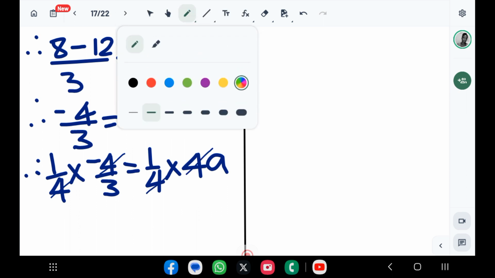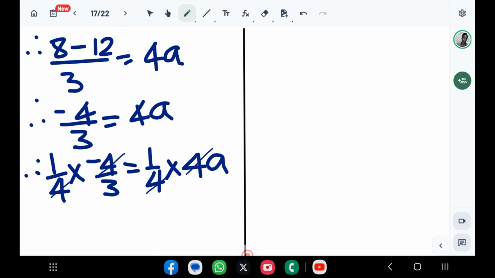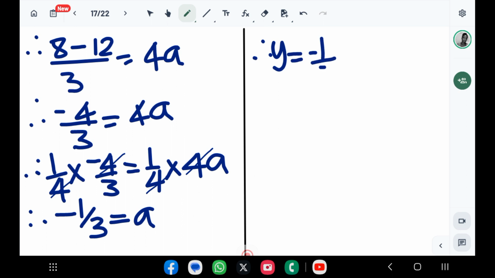So on the left hand side, you're left with negative 1/3, which is equal to a. Meaning that your equation is y equals negative 1/3 x² plus 4, and you've got your a and your q.